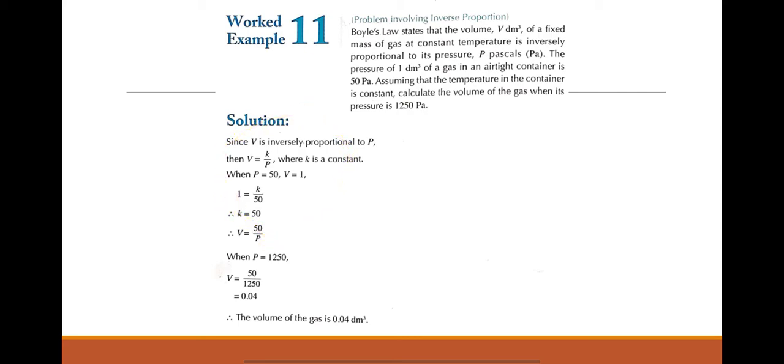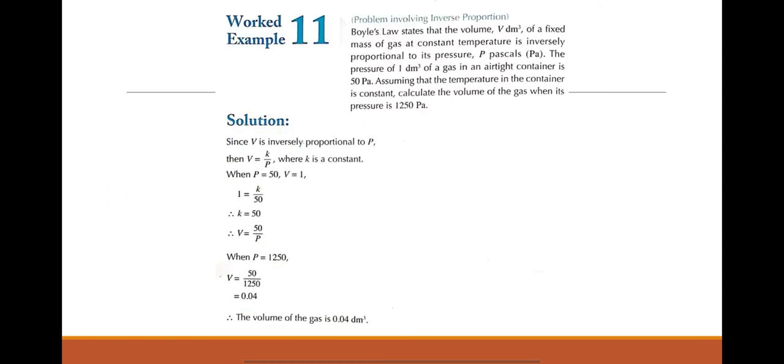And the next thing you should know here is that it says the pressure, which is the P here, is 50 Pa. It is a shortened form of Pascal. So because pressure is P and the pressure is 50, that means P equals 50. Okay, and then it says here V equals 1.